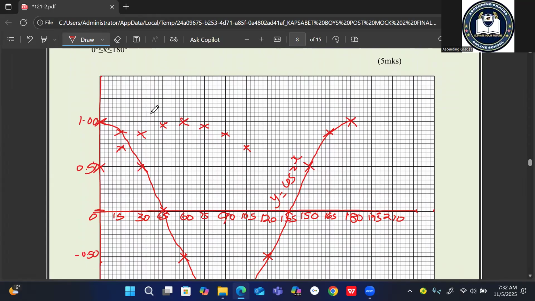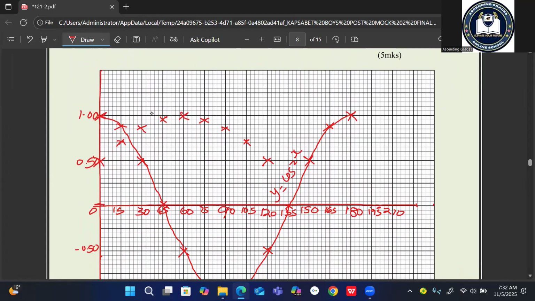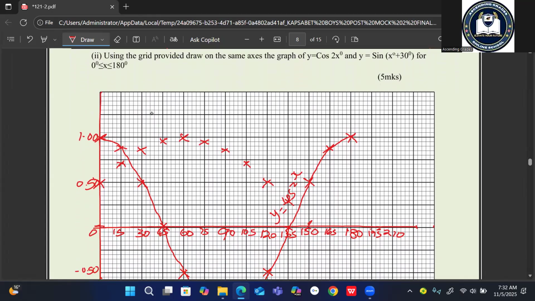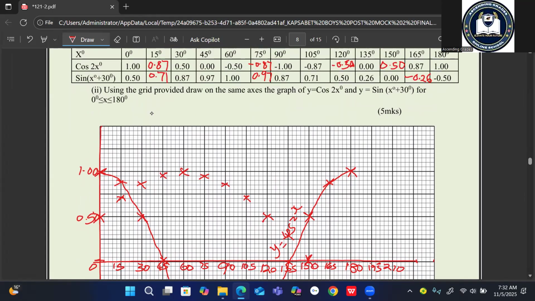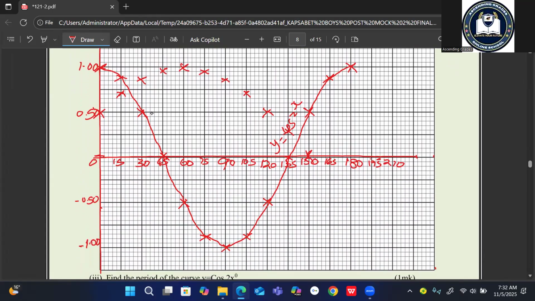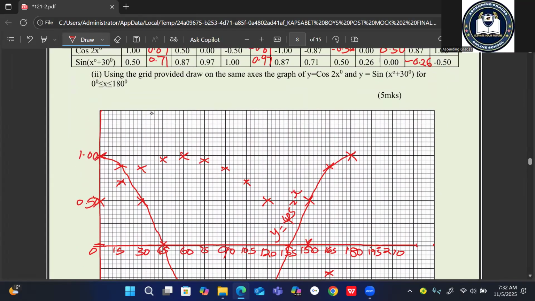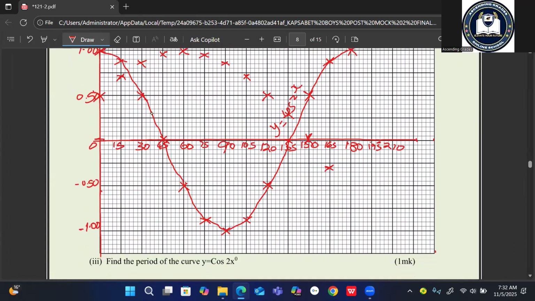The next one is 135, 0.26, has to be somewhere there. We have 150, 0. We have 165, negative 0.26. We have 180, negative 0.5. It's there.